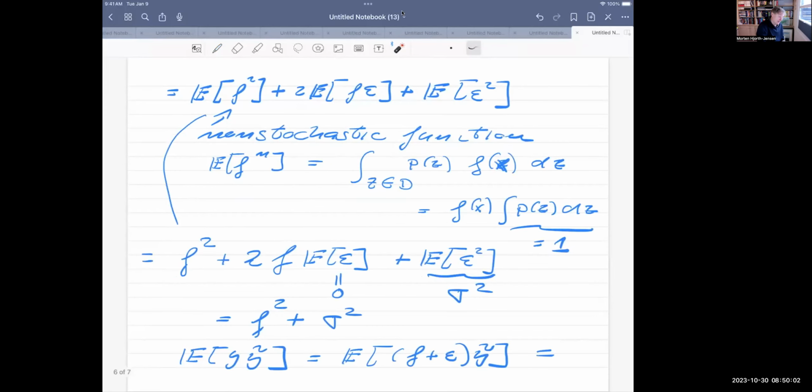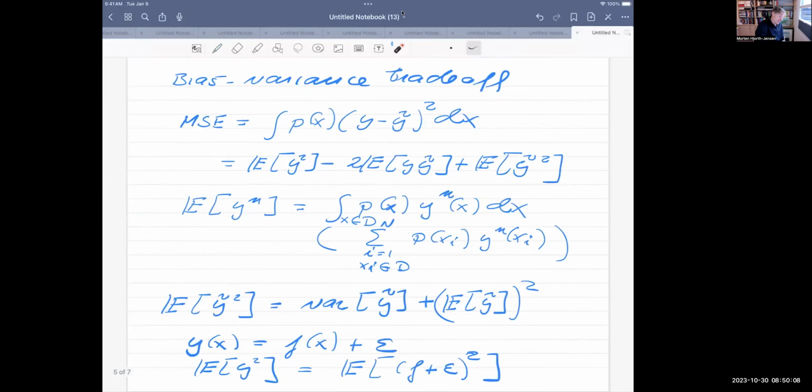I have this term here for this one, which is actually this term here. And then I also know that this term here can be rewritten in terms of the variance plus this E y squared.